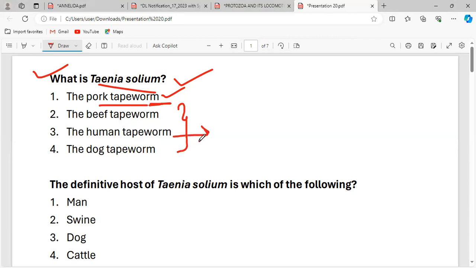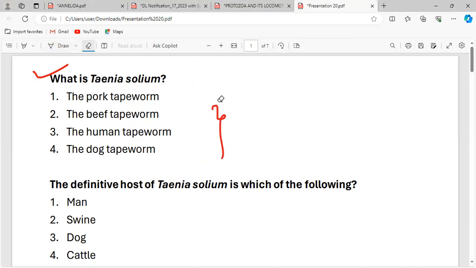We have seen Taenia saginata, that is said to be the beef tapeworm. And what is the dog tapeworm? Echinococcus granulosus. This is said to be the dog tapeworm or hydatid worm. Like that, you should know what is beef tapeworm, what is human, what is dog tapeworm. These are all the things you have to understand.